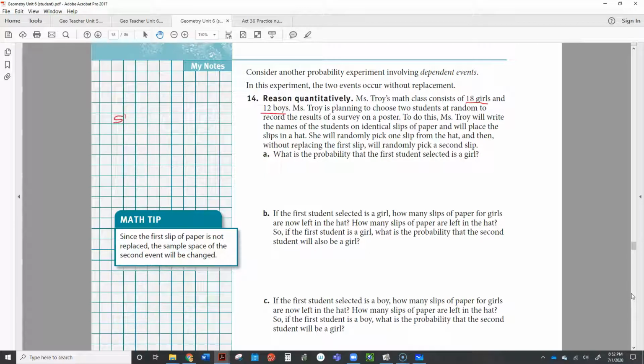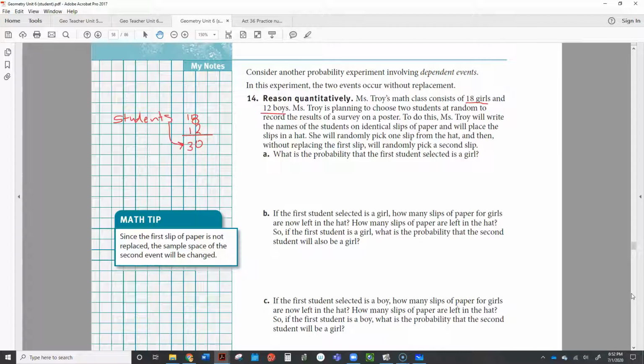So what's the total number of students that is in Miss Troy's class? If she has 18 girls and 12 boys, that's a total of 30 students.